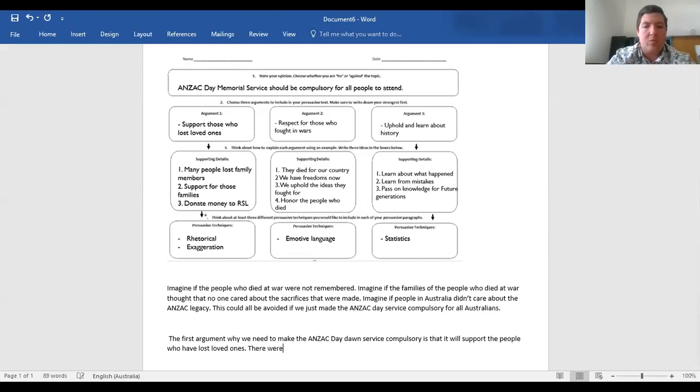There were many people who lost family members in the world wars, at Gallipoli and other places where battles were fought.